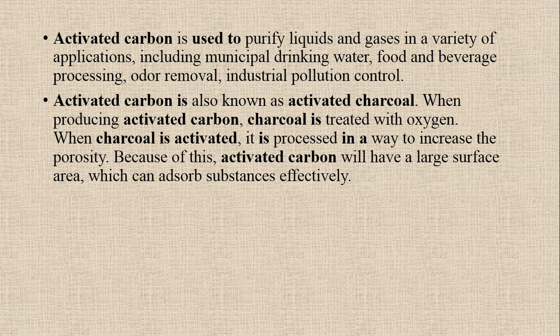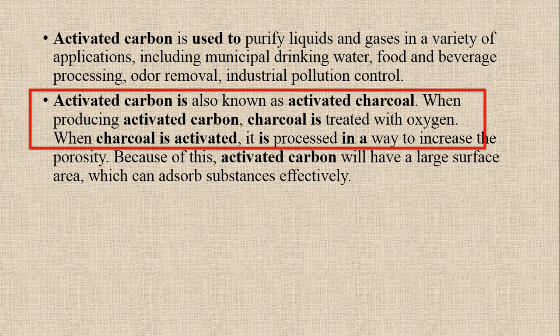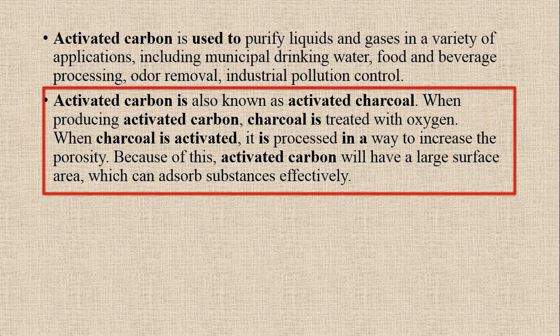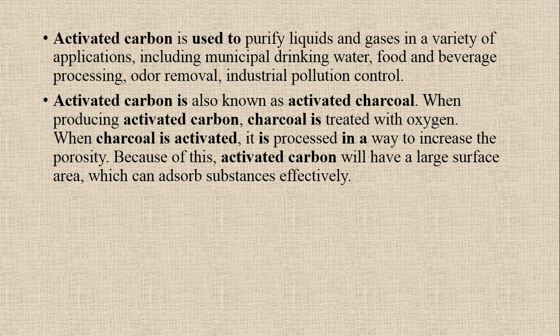So, what is the difference between carbon and activated carbon? Activated carbon is a form of carbon processed to have small, low volume pores that increase the surface area available for adsorption or chemical reactions. So the more the surface area, the higher the quantity of contaminants adsorbed and the adsorption efficiency.